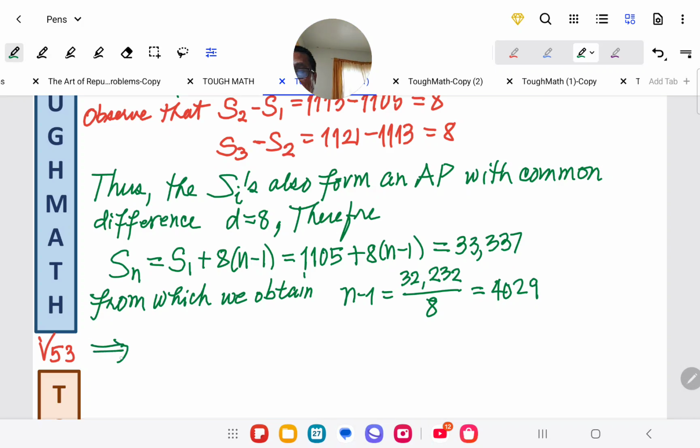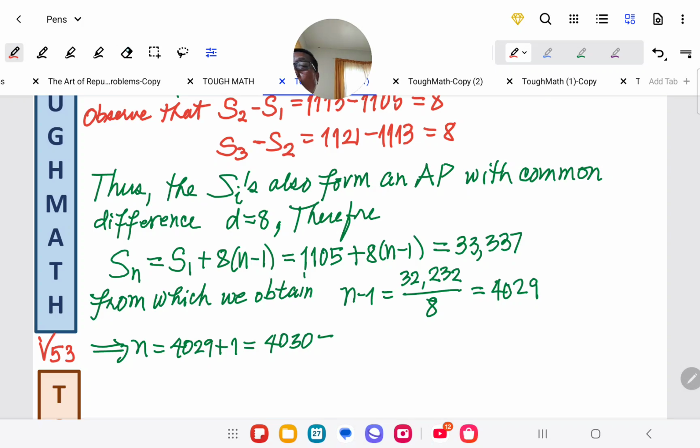Therefore, n is equal to 4,029 plus 1 equals 4,030, and this is the number of possible values of n.